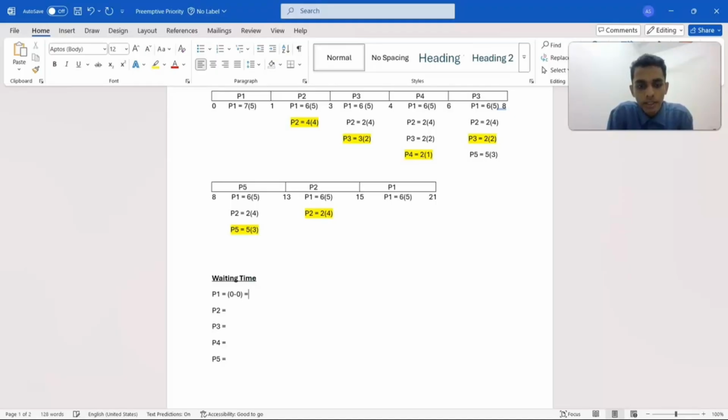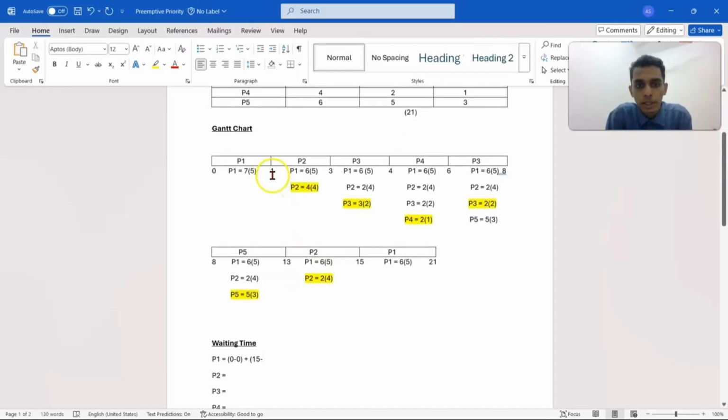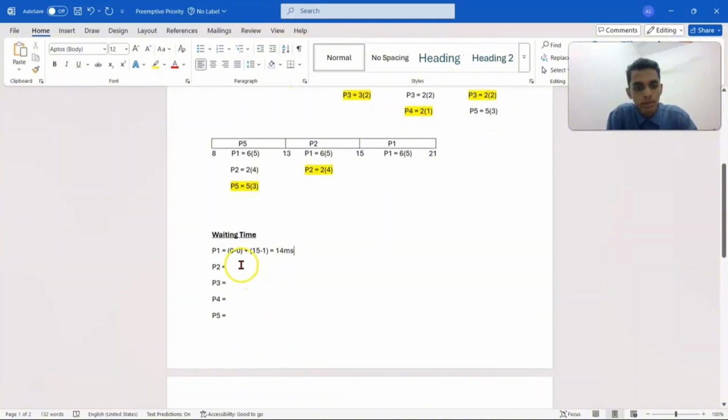And then we add it together with the second time it ran. We have to look at the response time at that time, which is 15 milliseconds. And we have to minus it with when it ended the first time it ran, which is 1. And when we add them up, we'll get 14 milliseconds of waiting time for process 1.